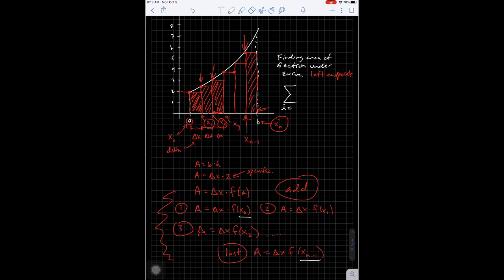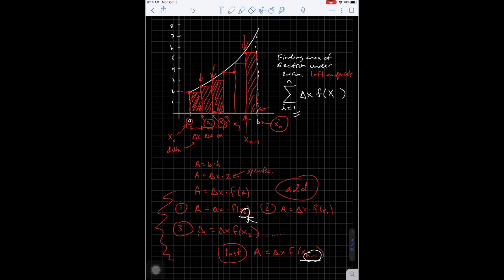Now i is going to start at 1 and go up to n. So how are we going to index this so that this works? It's going to be the width, so they all have a delta x, and then f of something. Well, the first one needs to be a 0, and the last one needs to be an n minus 1. So if you think about that for a second, if I'm going to first plug in i equals 1, how do I make that into a 0?